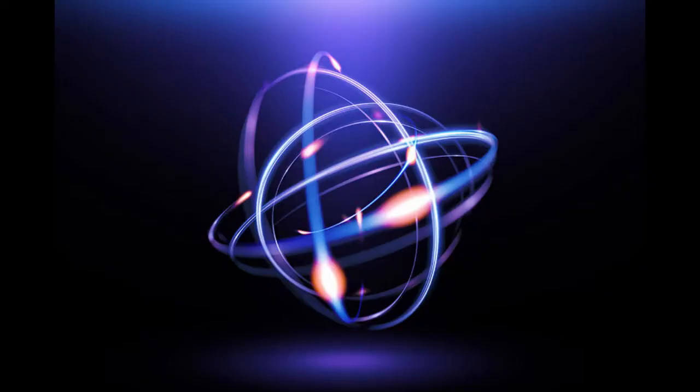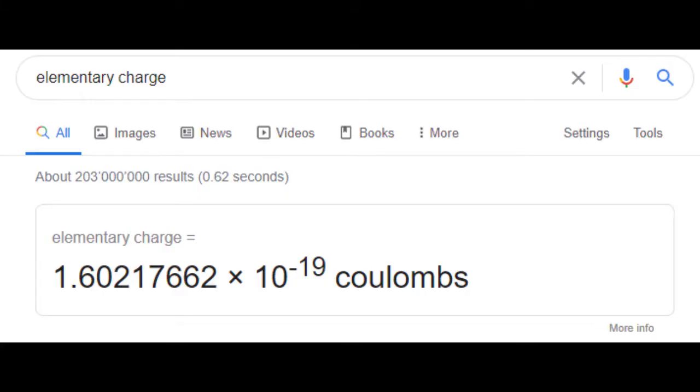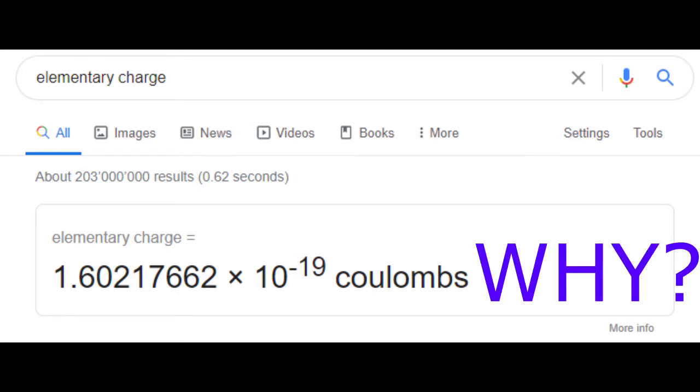However, determining exactly what particles are carrying this charge and how much charge these individual particles have is much more complex. The smallest amount of charge that can exist, the elementary charge, usually denoted by e or sometimes C, is the electric charge carried by a single proton or, equivalently, the magnitude of the negative electric charge carried by a single electron. It is also unknown why its value is exactly this.